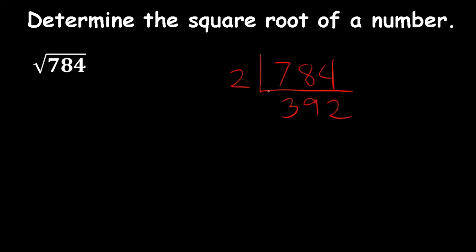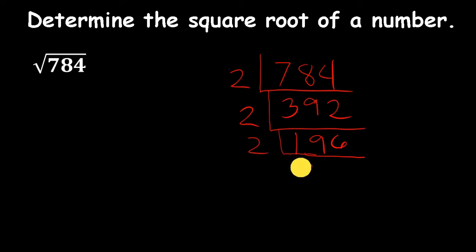Again, this is also divisible by 2, and that is equal to 196. 196 can be divided by 2. 196 divided by 2 is equal to 98.